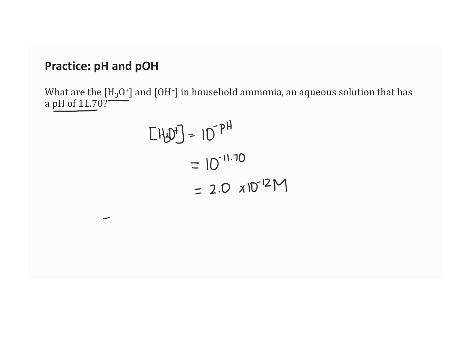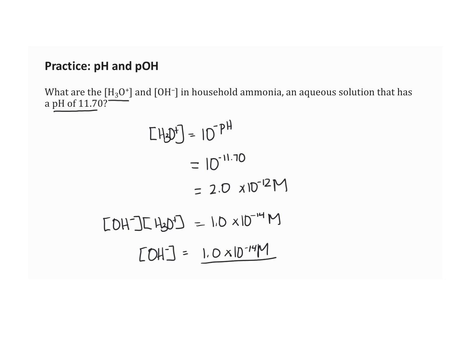Now, we need to find our concentration of OH-. We know that if we take OH- and multiply it by H3O+, that's going to give us 1 times 10 to the negative 14th. So to solve for the OH-, we just divide both sides by the H3O+. That gives us OH- equals 1 times 10 to the negative 14th divided by the H3O+.